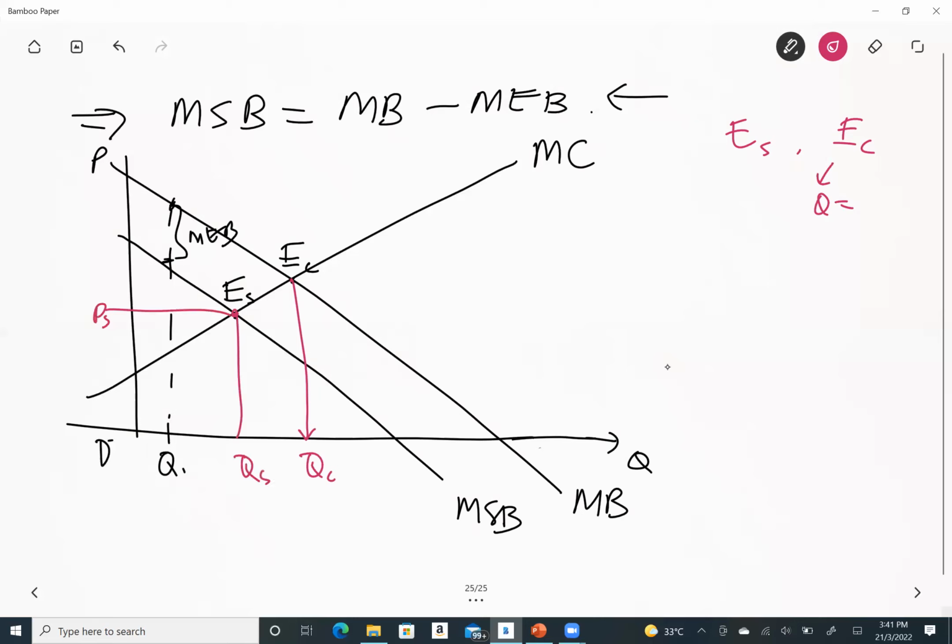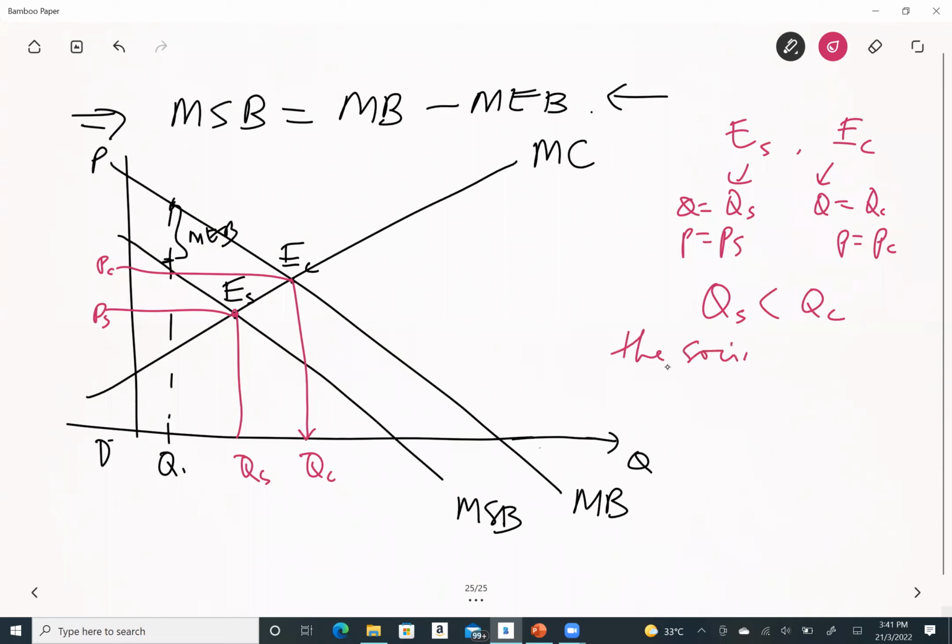So that is ES, then PC. At EC, Q equals QC and P equals PC. At ES, the equilibrium is Q equals QS and P equals PS. In terms of quantity, we find that QS is larger than QC. So the social equilibrium quantity is lower than the competitive equilibrium quantity.